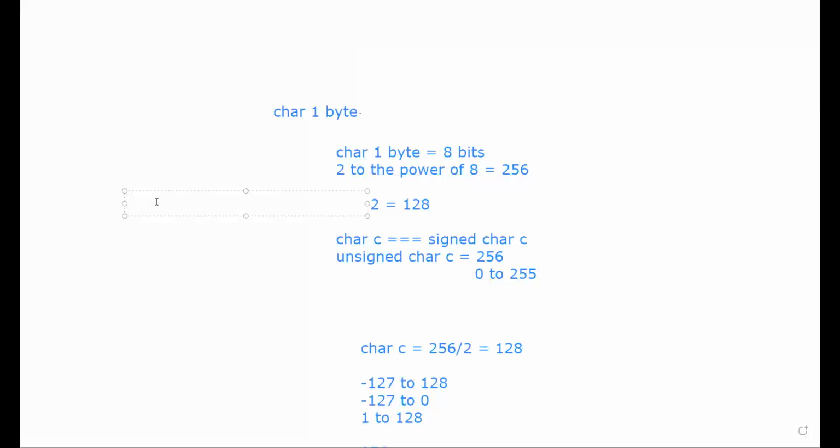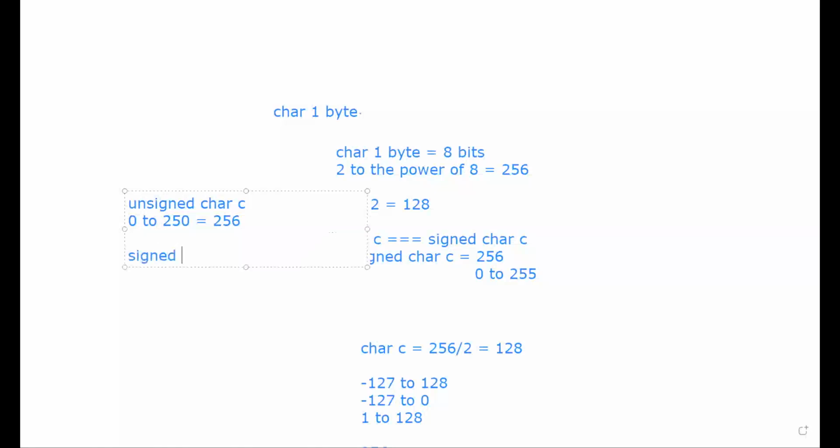Since it was unsigned char C, it was 0, total 256, so it was 0 to 256, sorry, 255. That is total 256 because it starts from 0 in computer.